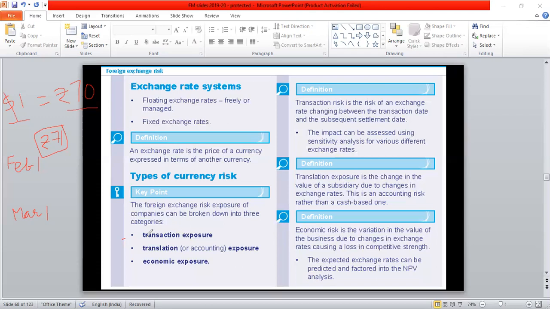When is there a risk? Whenever something is expected and that same thing does not happen, that same thing does not prevail, if there is a variation, we call that a risk.